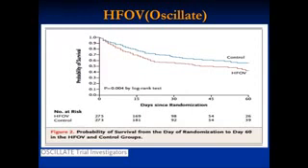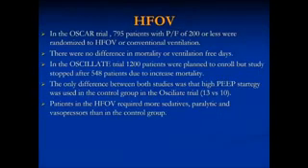I think there's still use of high frequency in kids, because the evidence in kids is still there. But for adults, this very much ended the use of high frequency. Now, one of the things you need to know about why the Oscillate had higher mortality in the treatment group is that they used high PEEP in the control group in the Oscillate versus the Oscar. In the Oscar, the control group had a PEEP of 10, and in the Oscillate they used a PEEP of 15.